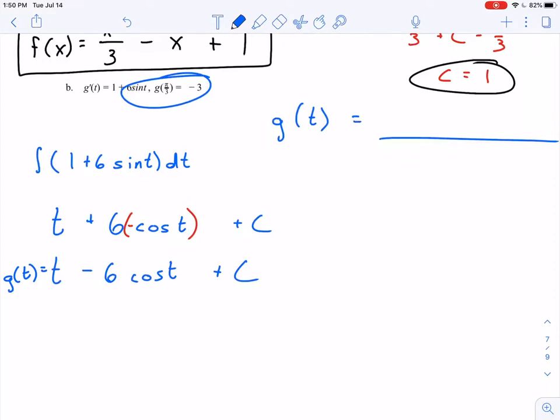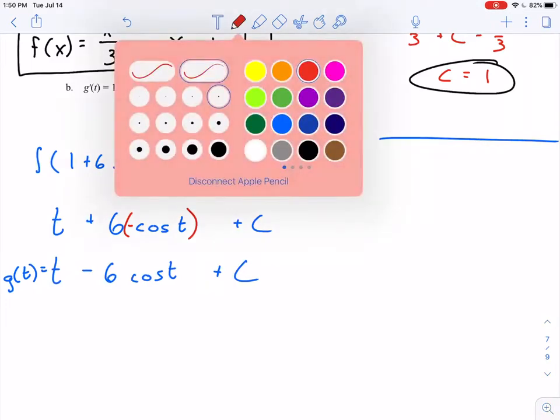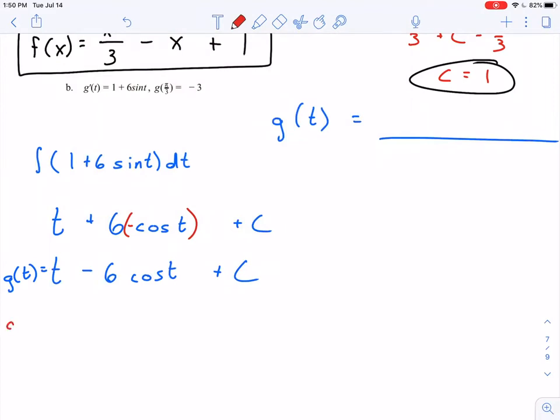I have g of pi over 3 is equal to negative 3. I'm going to use that initial condition to solve for c. So let's do that in a different color here. So g of pi over 3 is equal to t. Well, I just have to plug pi over 3 into that. Minus 6 times cosine of pi over 3 plus c. And what is this equal to? This is equal to negative 3. So I have this equation where I can solve for c.